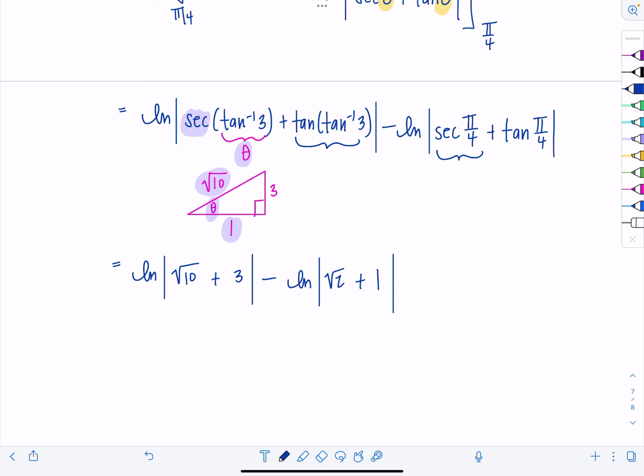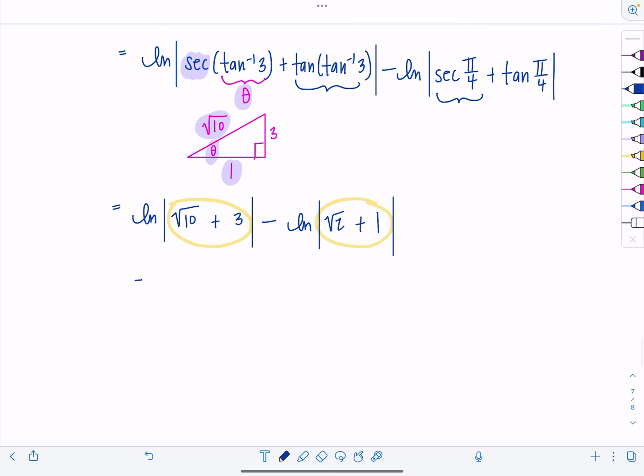Okay, and in this case, see how we have no variables in our final answer because we evaluated a definite integral, right? So we don't have a plus c, we don't have variables, this just represents some number. And I'm noticing these values inside the absolute value bars, they're not negative. So I can switch out and just write everything with parentheses instead of absolute value since they're not necessary.